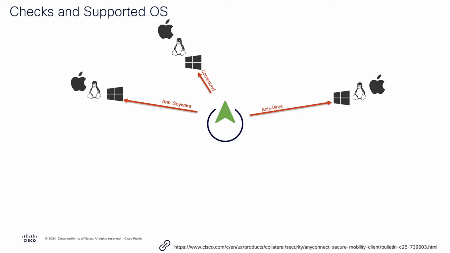Specifically, these antivirus, anti-spyware, and compound conditions are legacy checks, which were dependent on the AnyConnect 3.x compliance module. And this AnyConnect 3.x compliance module was already end of life, end of sale, end of service, end of maintenance long back, precisely 6 years ago.